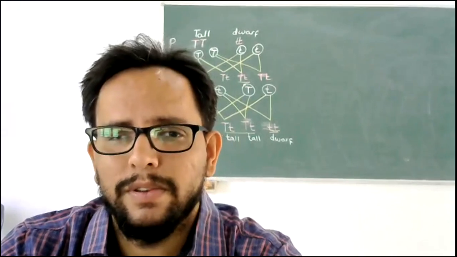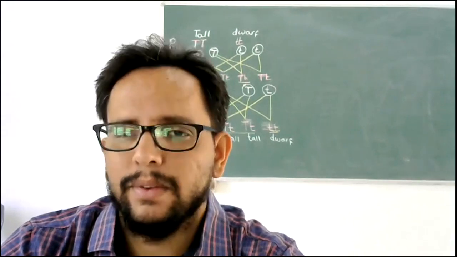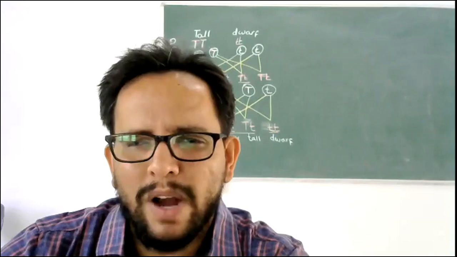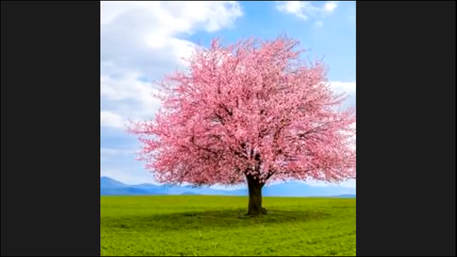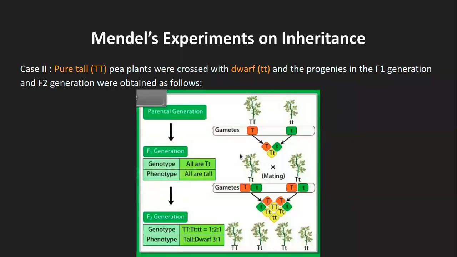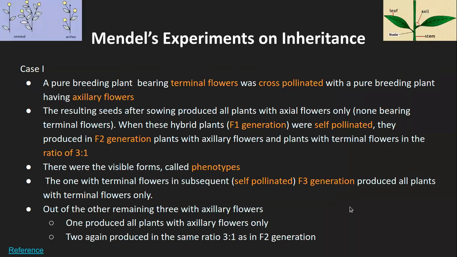I'll go back to these slides. Sir, is there any particular reason to choose F as the letter for F1 and F2? You mean why we use F1 and F2? Yeah, is it just a random letter? No, there was some reason. I had read it, but I forgot it actually.